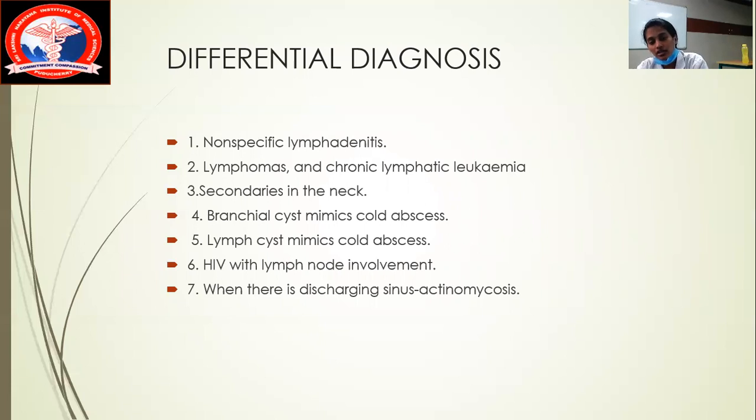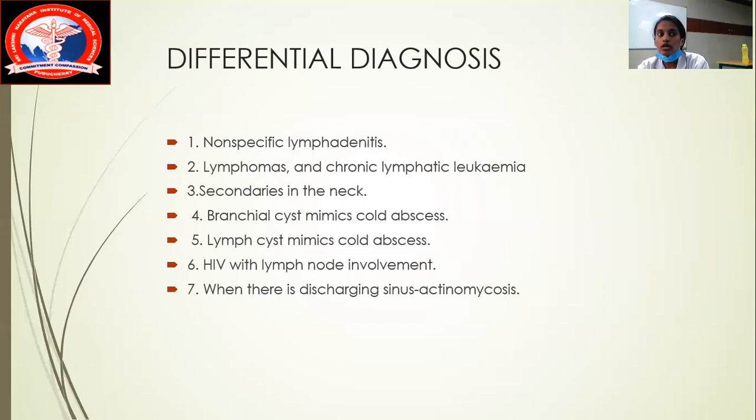The next category is the immunocompromised category, with the patient having HIV infection with lymph node involvement. The last category we can see is in immunocompromised patients, who usually go for a fungal infection. As we know, tuberculosis starts attracting actinomycosis. Recently I have come across a case where a patient had osteomyelitis of the mandible.